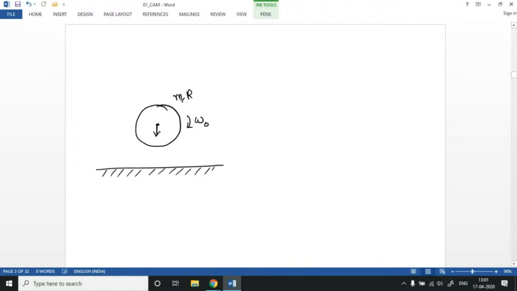Let's say just before falling, its velocity is v naught. Just after this ball hits the rough horizontal surface, we are interested in finding the condition after that, basically the velocity of its center and its angular velocity.